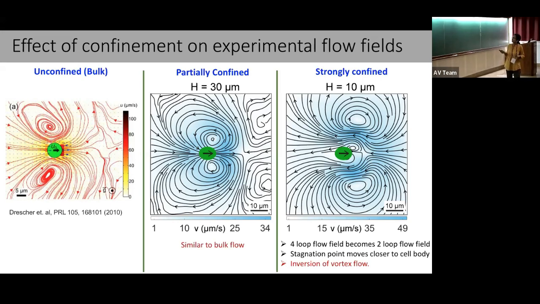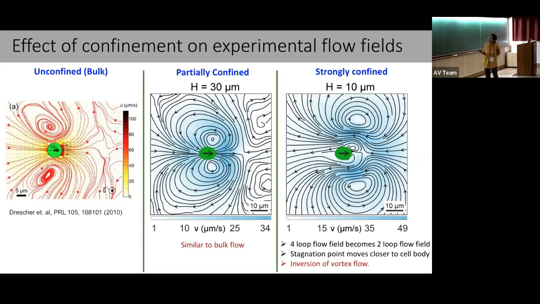One intuitive way to understand what's happening is that these vortices are actually moving in, and it is these vortices that have the opposite handedness. These vortices have basically become much closer to the cell body for us to resolve.